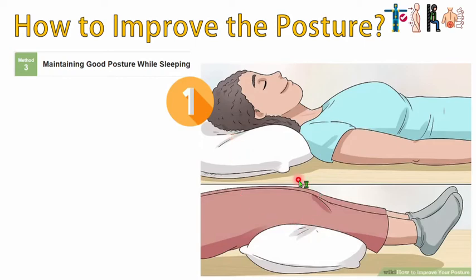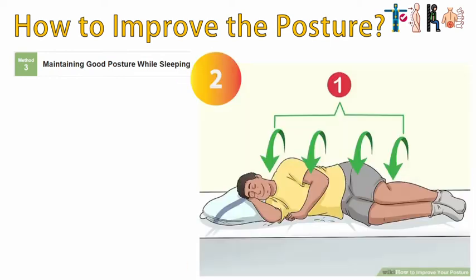If you sleep on your back, just like this position, you need to put a pillow under your knees and the back of your head. If you sleep on your side, place a pillow between your knees and pull them up towards your chest. Pick a pillow for your head that keeps your spine straight, or use a full body pillow. So it depends on the position you are in when you sleep.